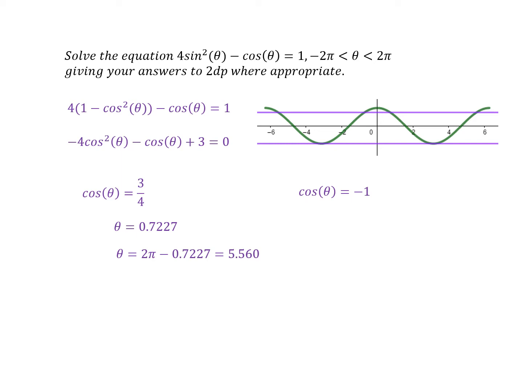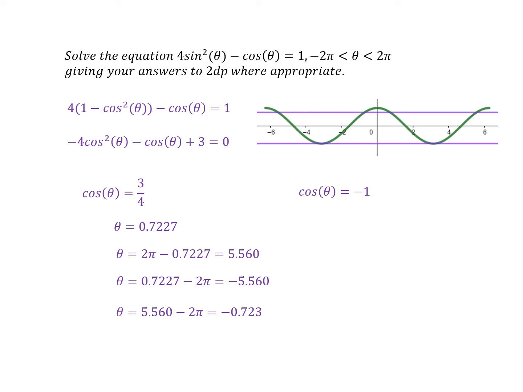Then I can take this number, the 0.7227, and find that answer there by subtracting 2 pi. And you take that number and find this answer by subtracting 2 pi. So I get two answers for theta.